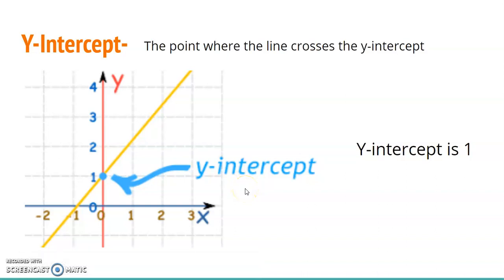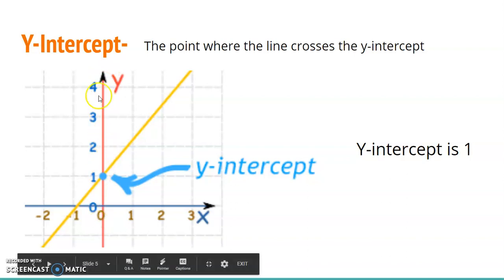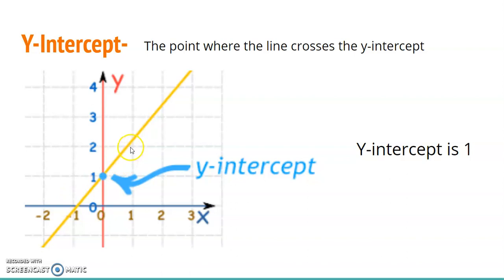Next, we come to the y-intercept. The y-intercept is the point where the line crosses the y-axis. Fun fact right there. So looking at the y-axis, we have our line, that linear line that we have created on this graph, crossing at 1. Now it's very important to remember the y-intercept.